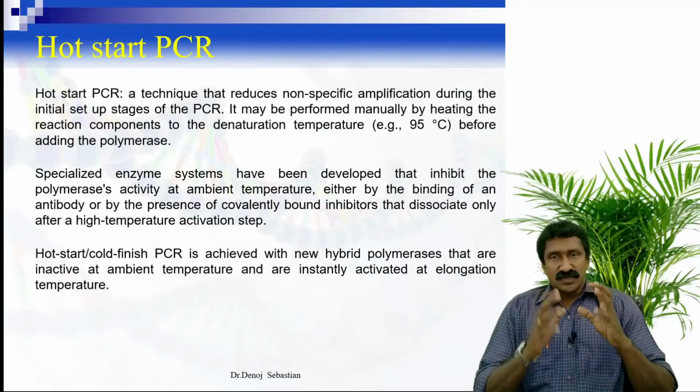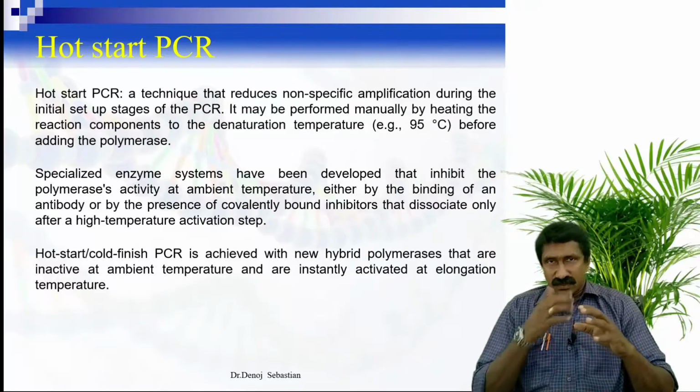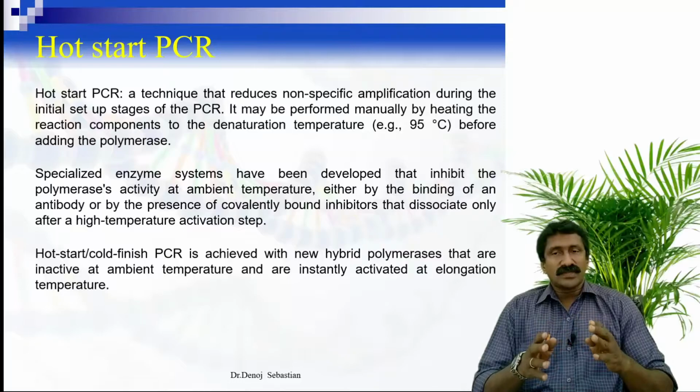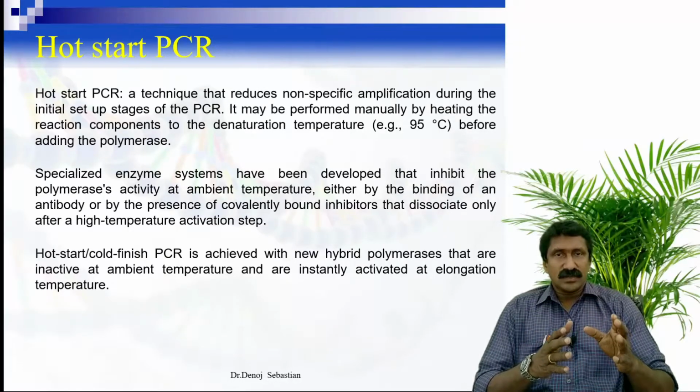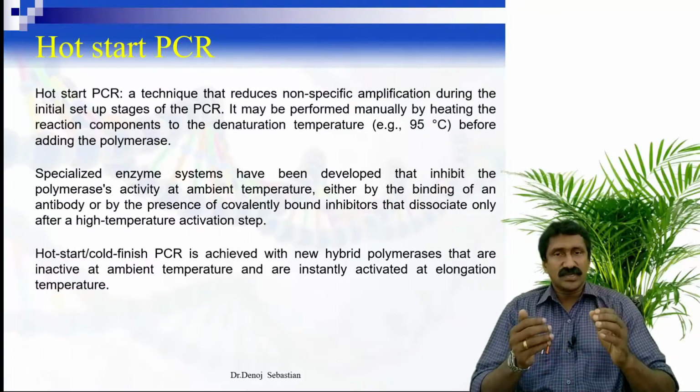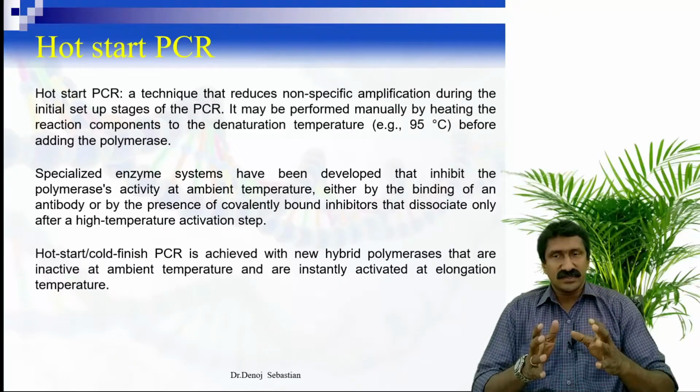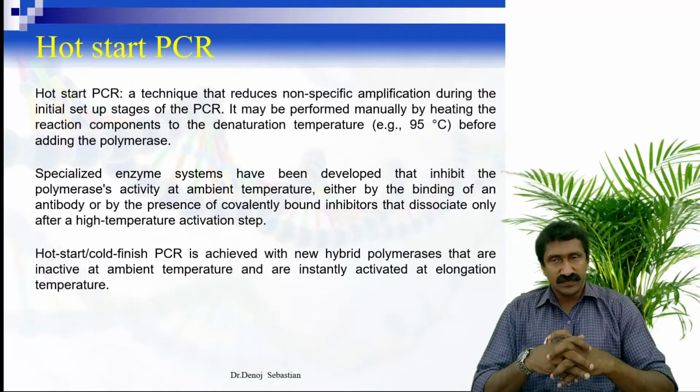Specialized enzyme systems have been developed that inhibit the polymerase activity at ambient temperature, either by binding of an antibody or by the presence of covalently bound inhibitors that dissociate only after a high temperature activation step.